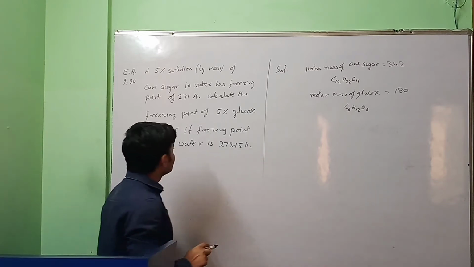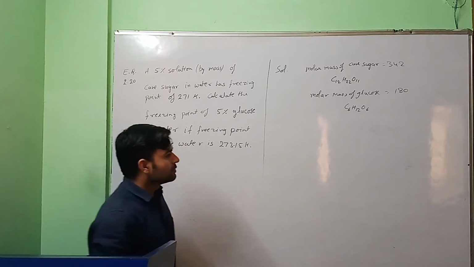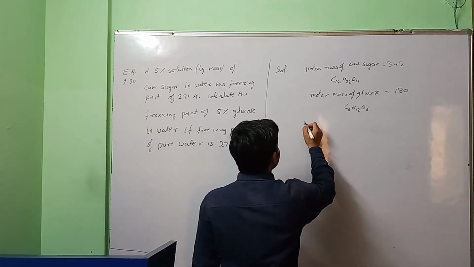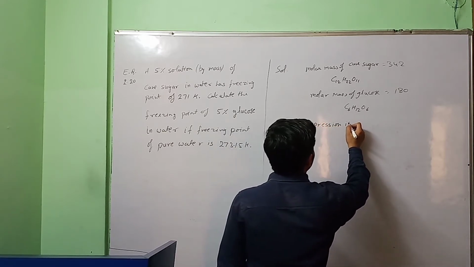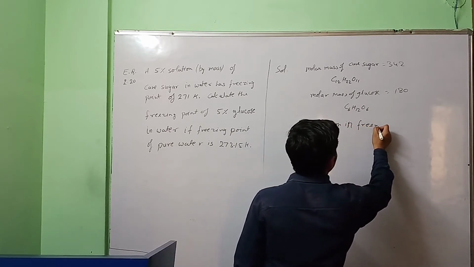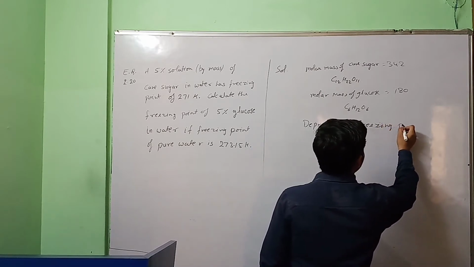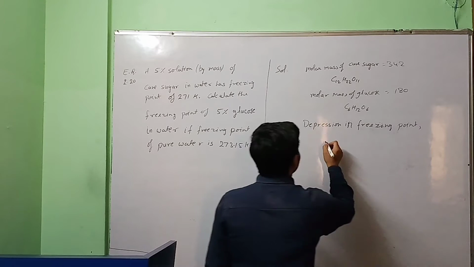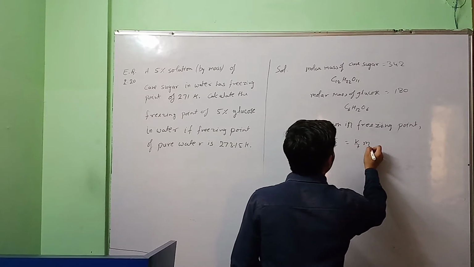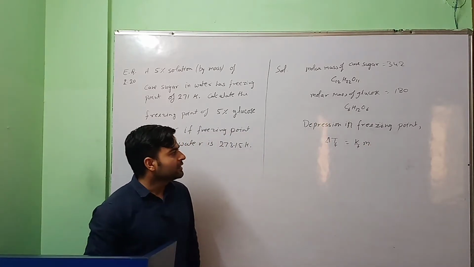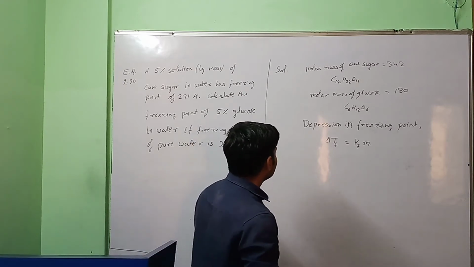Now here the depression in freezing point is given. Depression in freezing point, delta TF, equal to KF into m, where m is molality and KF is the molal depression constant for the solvent.